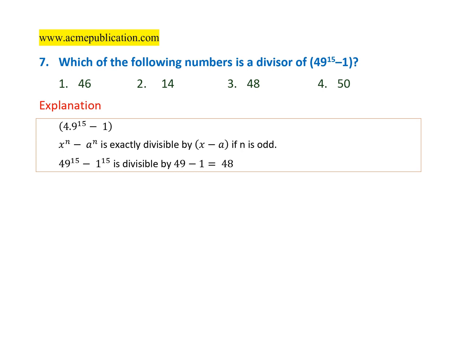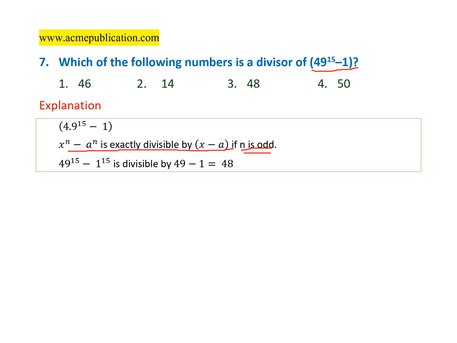Question 7. Which of the following numbers is a divisor of 49 raised to power 15 minus 1? We know that x raised to power n minus a raised to power n is exactly divisible by x minus a if n is odd.